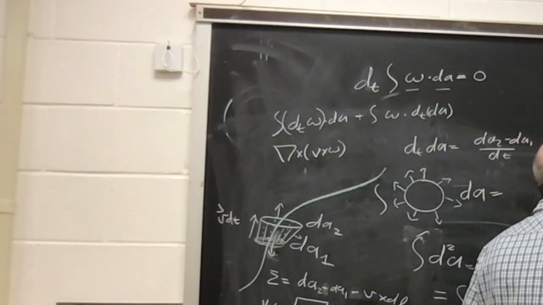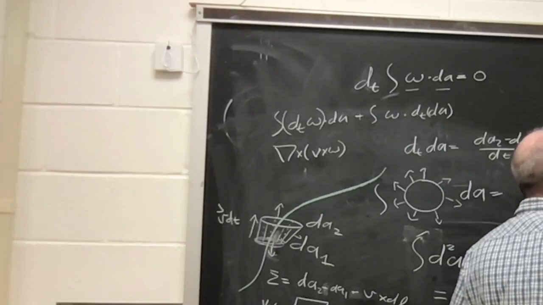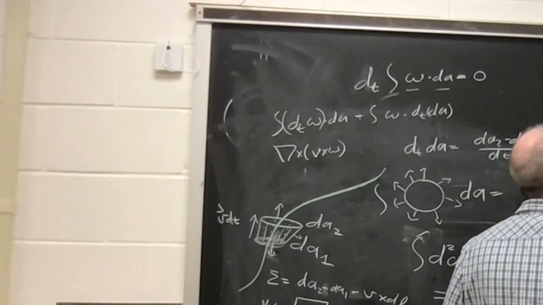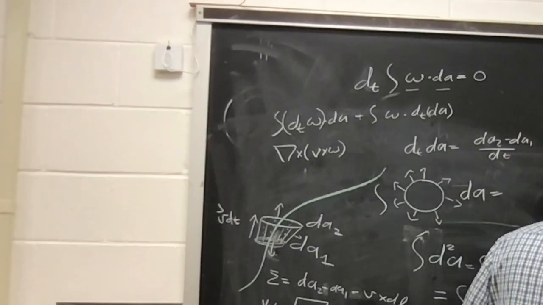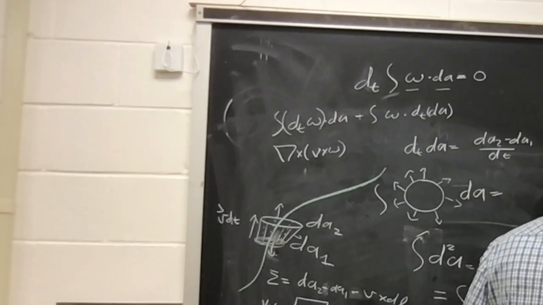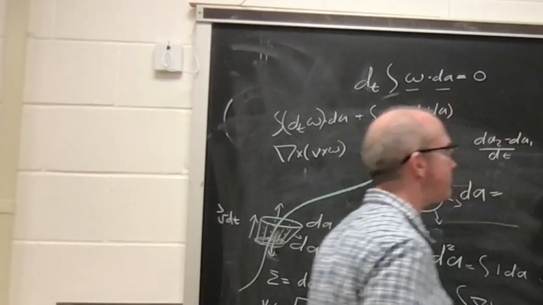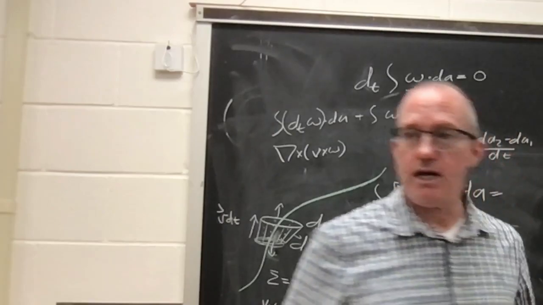And then I have to doctor this because the way I drew my dA1 is pointing inwards. The surface on the outside, the wrapper of the can, as it were, is the integral of V cross dl because this length is V and this side is dl. So d by dt of dA is minus V cross dl.